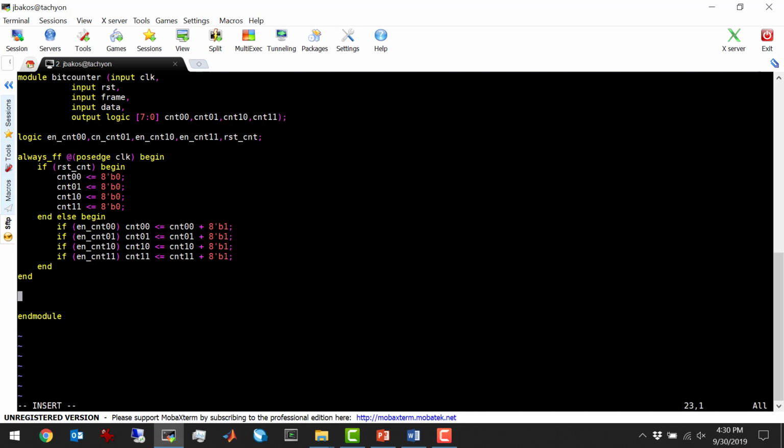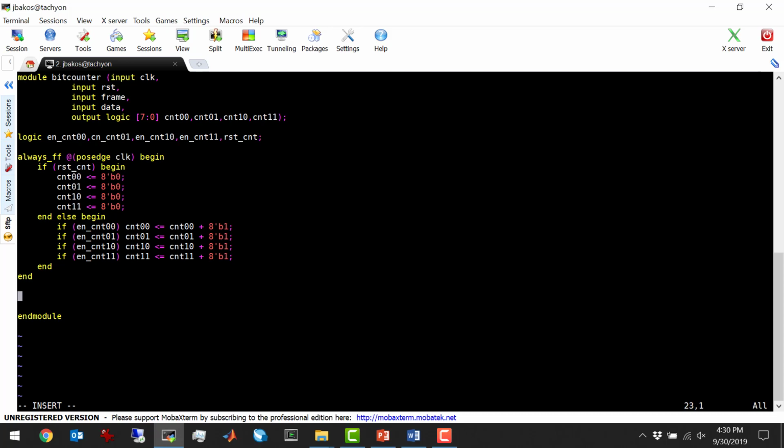So for example, if I have frame equals 1 and data equals 0, then I'll go back to C0. Right? Make sense?